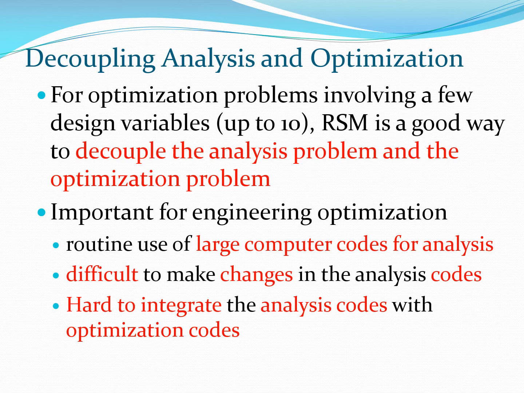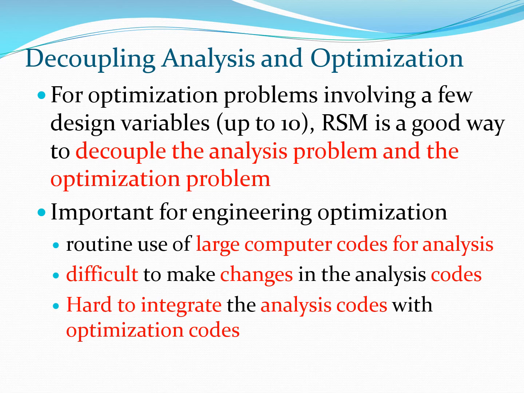Now it's very difficult to make changes inside these analysis codes because they may be developed by some research group in the company, or they may be bought from different vendors, in which case you may not have the possibility of changing these computer codes.